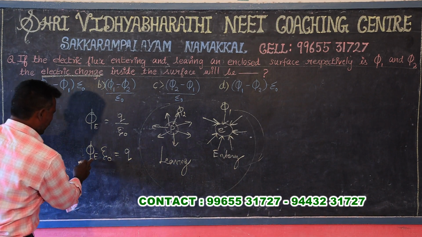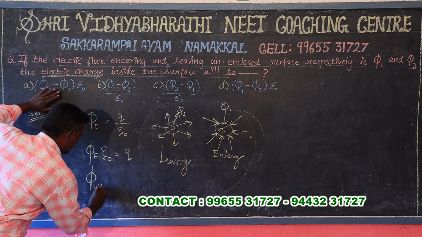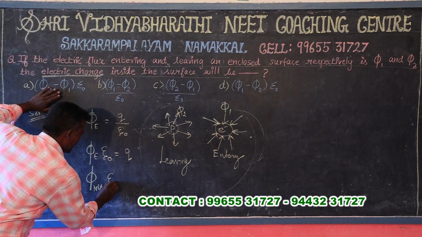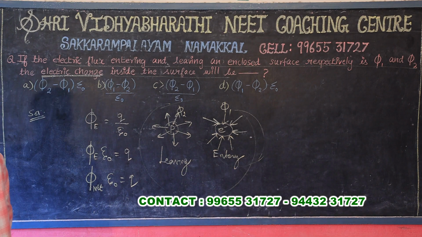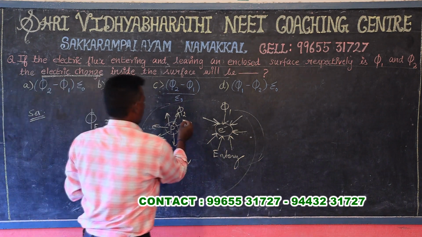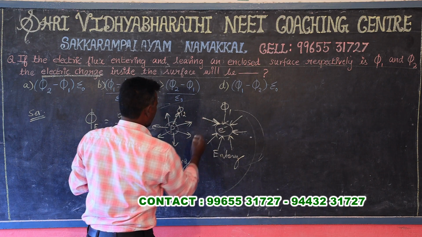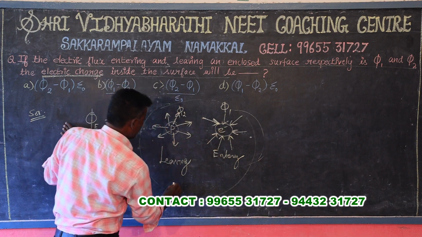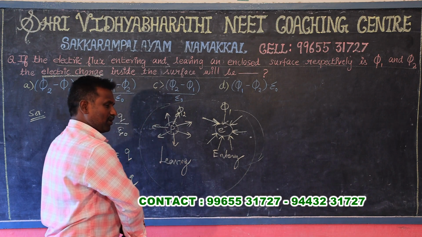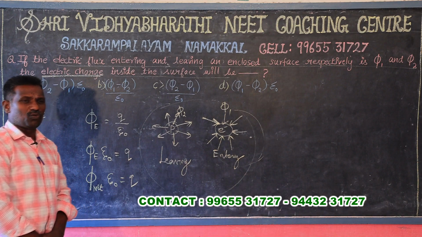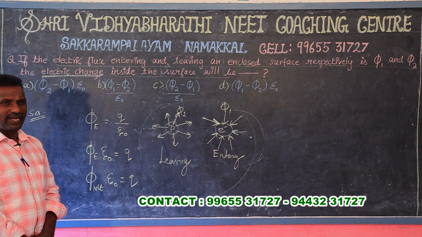So here phi E represents net electric flux, equal to Q by epsilon naught. Net means outward minus inward. For example, when we calculate efficiency, output by input.